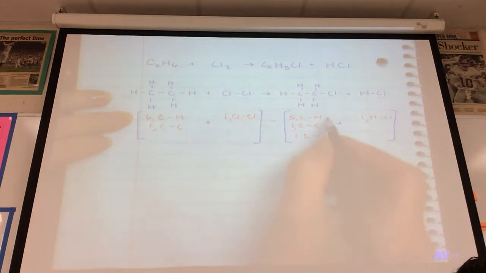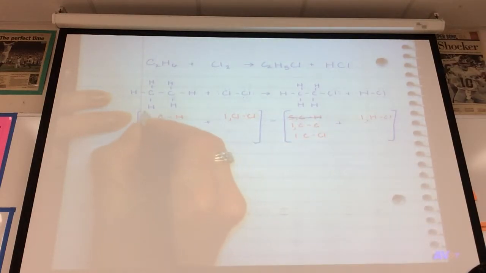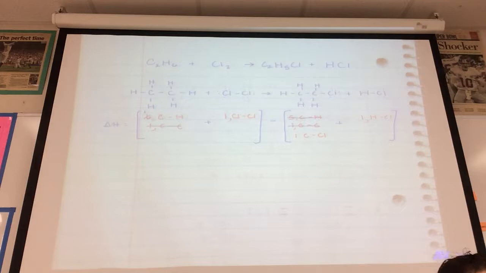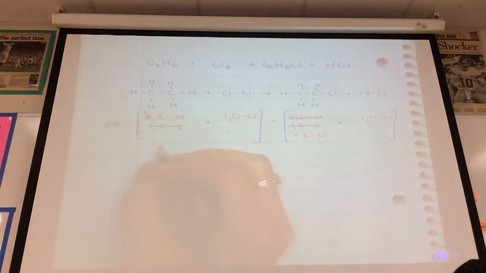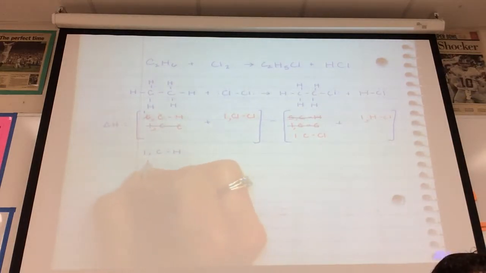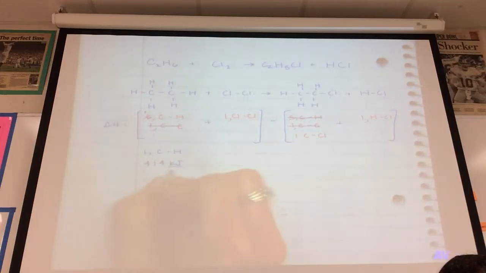And note I have 6 here and 5 here. I can get rid of those 5 and make 1. Note that I have the same thing here and here, so I'm going to simplify. Now I have 1 C to H, and the bond energy of a C to H is going to be 414 kilojoules per mole, and I have 1 mole of it.